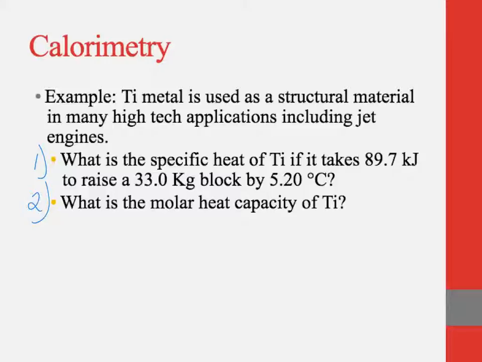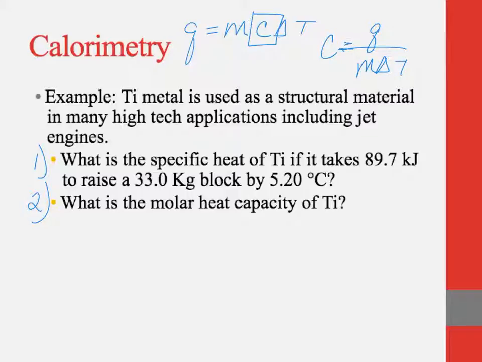So it's a little spin on the Q equals mc delta T formula. We are now finding the C. Therefore, C is equal to Q divided by m delta T, a simple rearrangement of an algebraic equation.